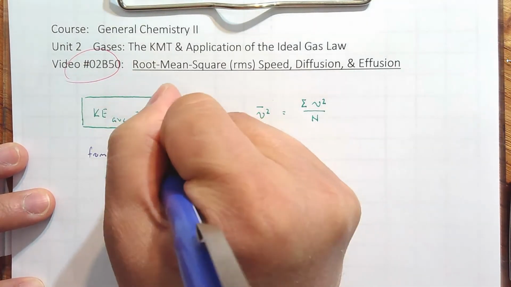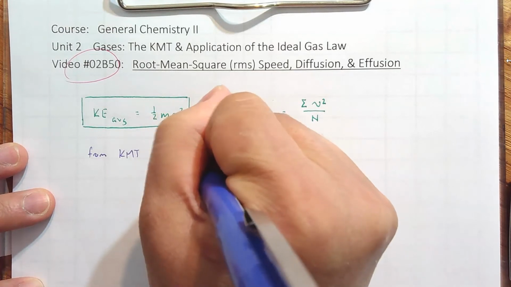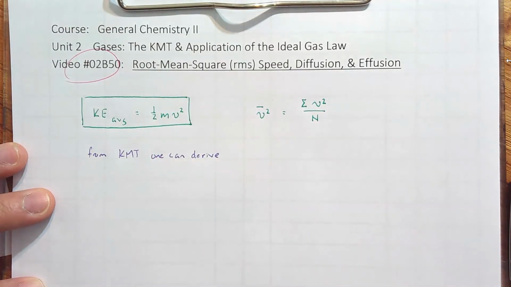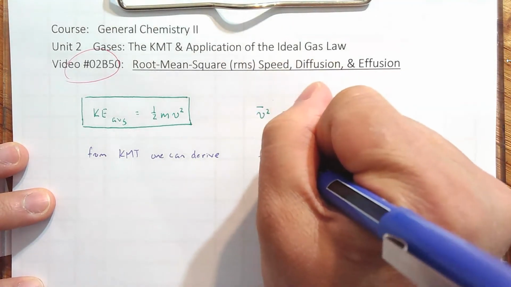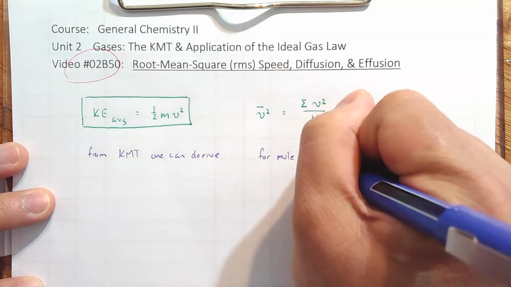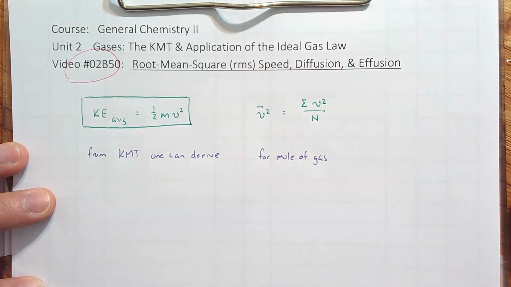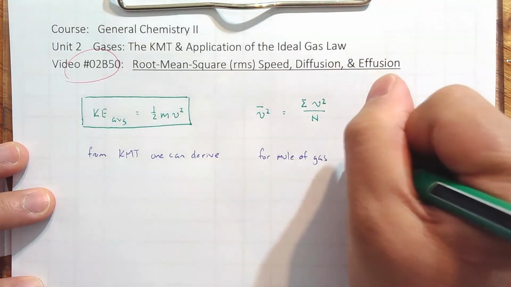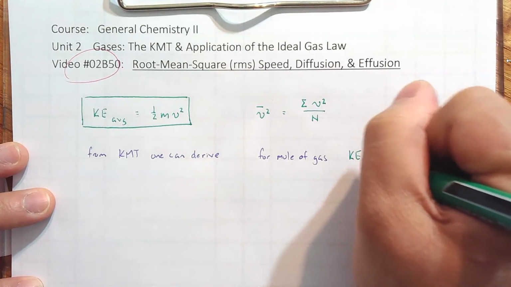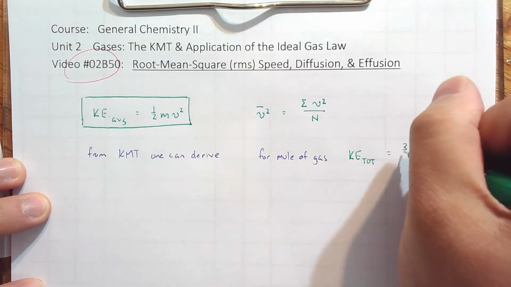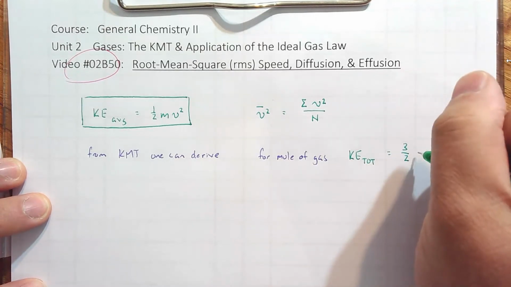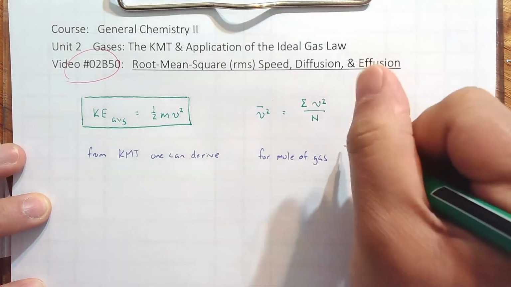Now, from the kinetic molecular theory, the KMT, one can derive this equation. For 1 mole of gas, the total kinetic energy, and I'll put TOT, equals 3/2 RT.